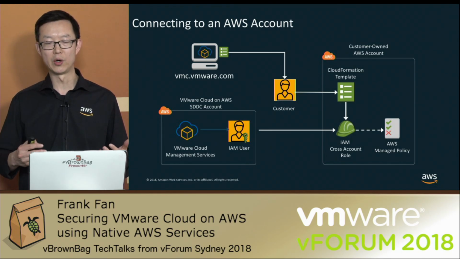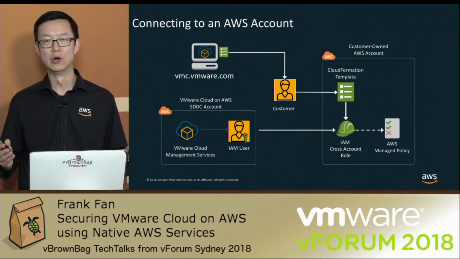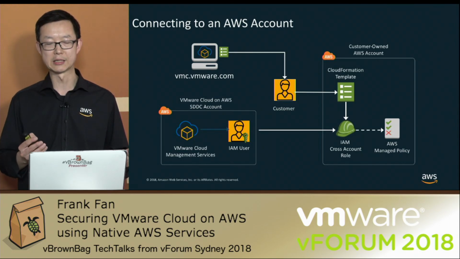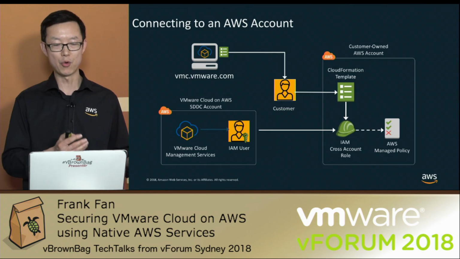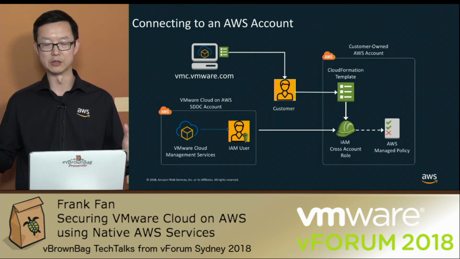In this template, it will define some resources. For example, IAM role. IAM is a mechanism for AWS to control security, who has what access. Why do you need this? Because you want to grant access through an IAM role to VMware, because we want to connect these two environments.